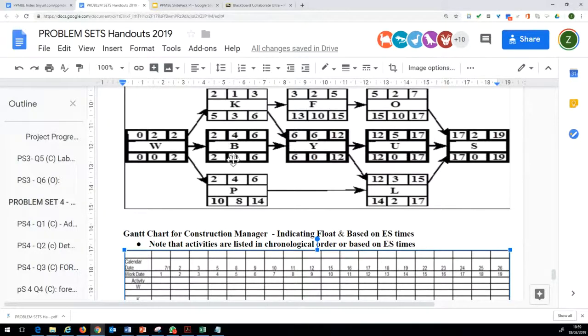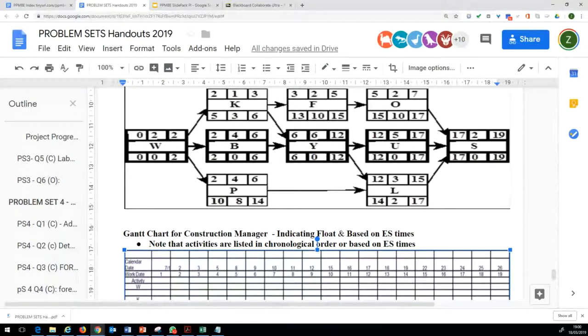So while communicating with the owners, we will be using the boxes at the bottom essentially. So very similar to the exercise which we did, the only difference will be that you will be using the boxes at the bottom. For activity W, it will be just the same. For activity K, we will be using a late start time of 5 and a late finish time of 6.